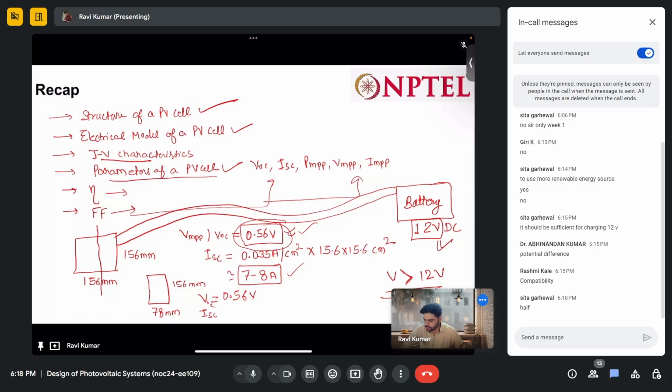Yes, you are right. ISC will be half, let's say 4 ampere. So now we understood the voltage VOC of a solar cell does not depend on the size of the solar cell, while the current directly depends on the size of the solar cell. Okay.